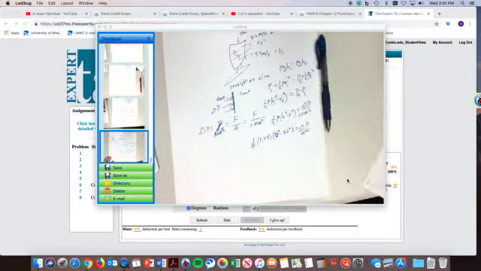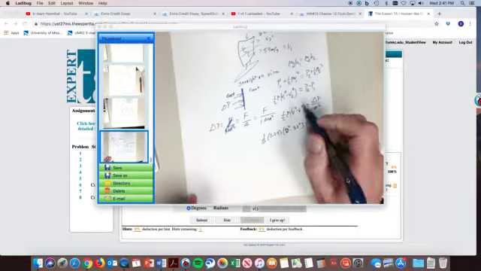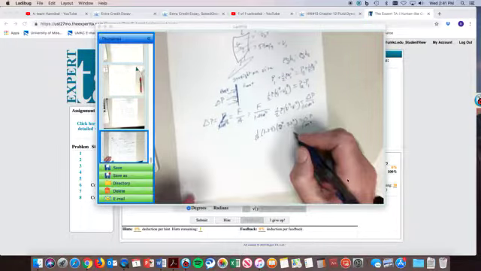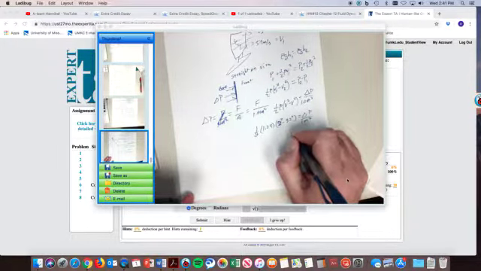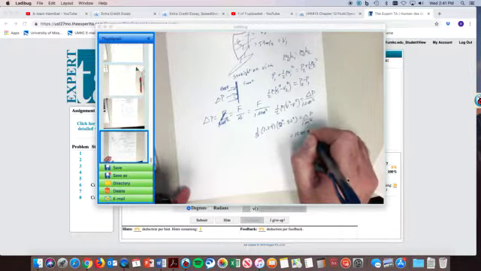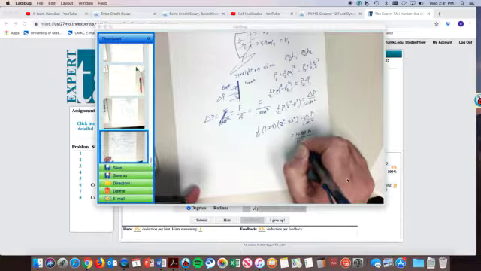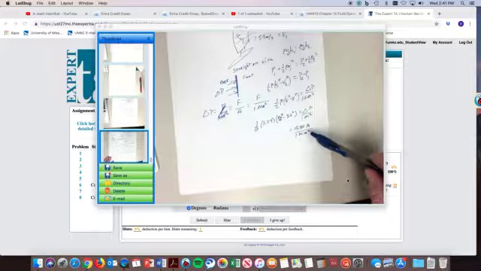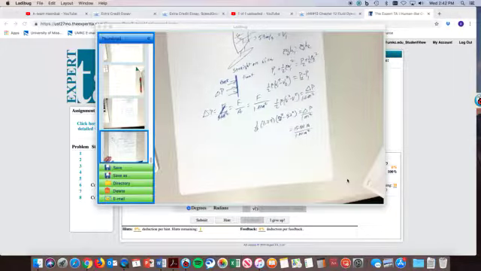So I've got 0.5 times 1.29 times 5.9 squared minus 3.2 squared, and that's equal to 15.84 pascals per 1 meter squared. So that's 15.84 newtons.